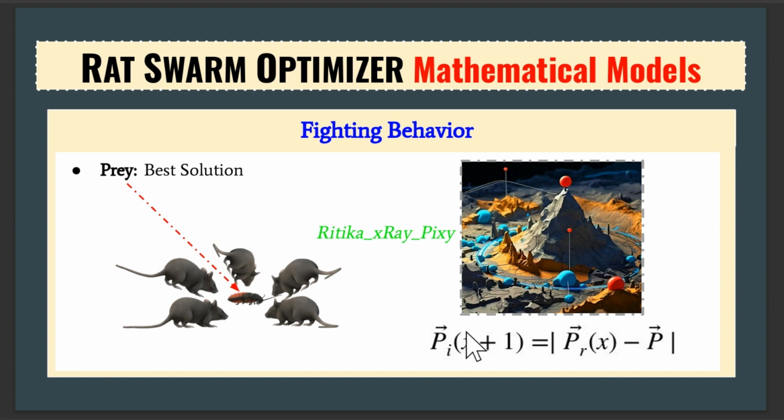Second, we have the fighting phase, where once a promising solution is found, let's converge toward this solution aggressively. Throughout this optimization process, rats will exchange information, leading to improved collective performance over time.